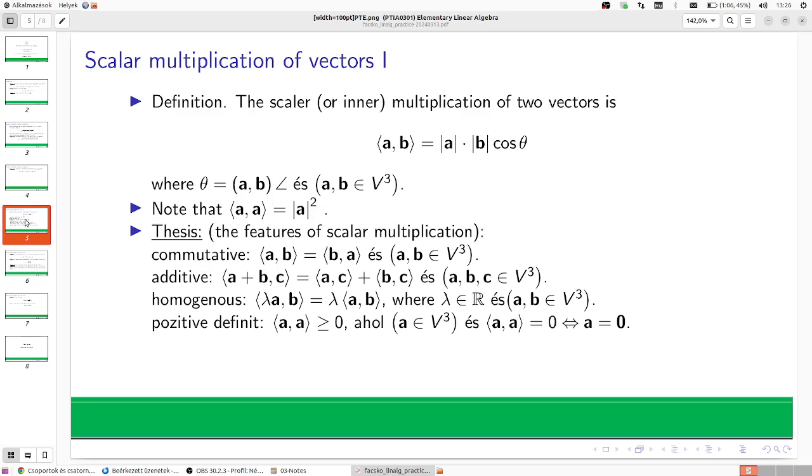So you can put lambda before this sum. And I should write where a, b, and lambda are vectors and scalars, and I should have written everywhere this.